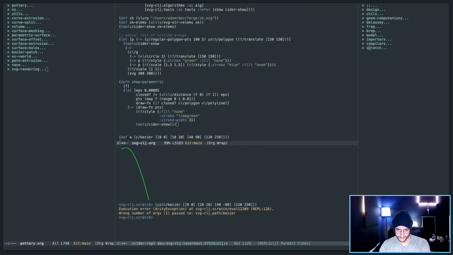So let's take that, thread it through tf/style, fill none, stroke white.